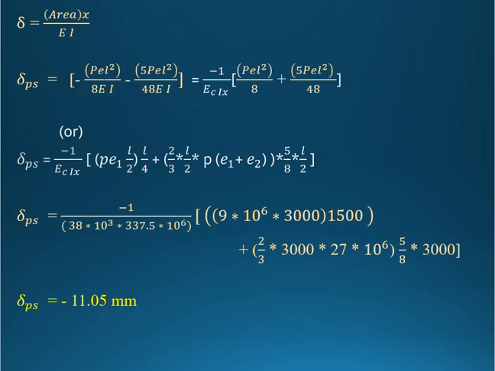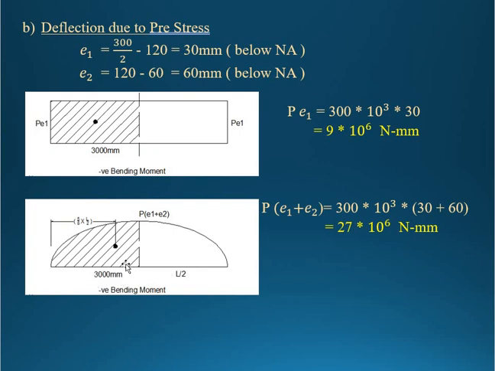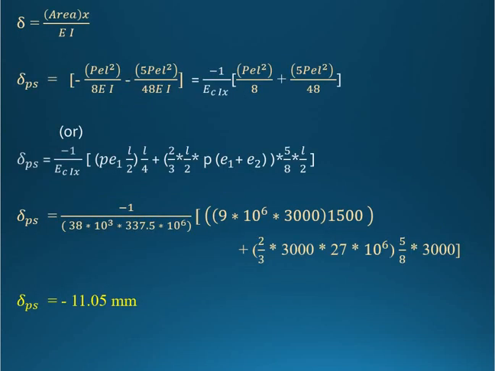So minus PEL square by 8 EI. Again it is minus 5 PEL square by 48 EI. This formula is due to the parabolic variation, and the sign convention for this parabolic is negative. So I have considered the negative sign.